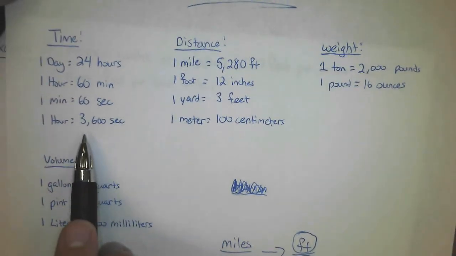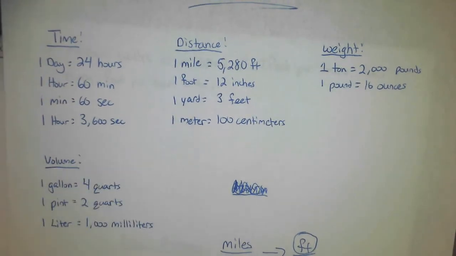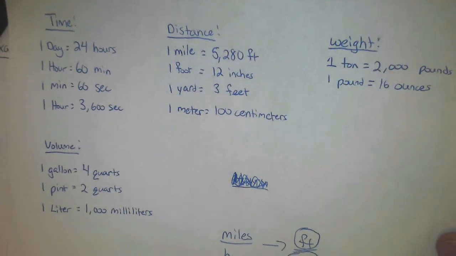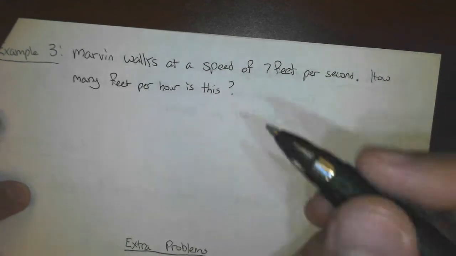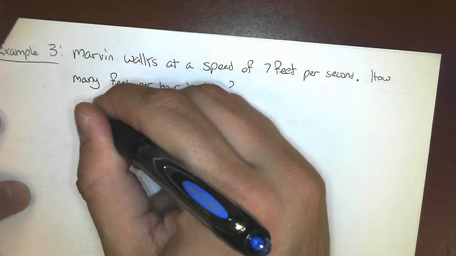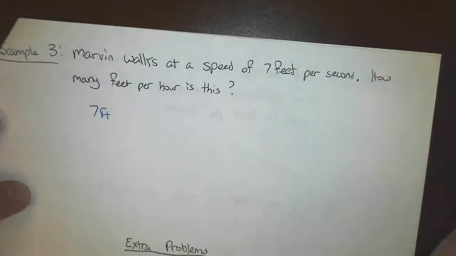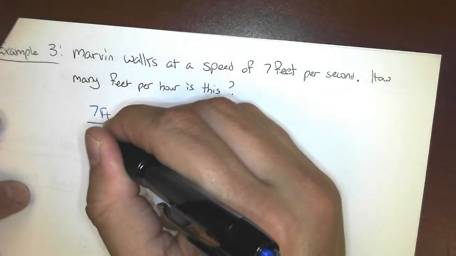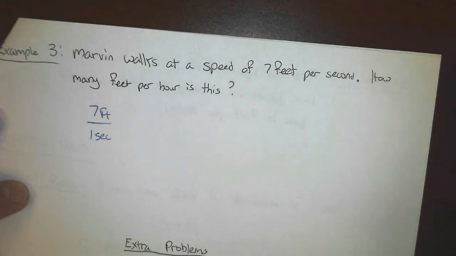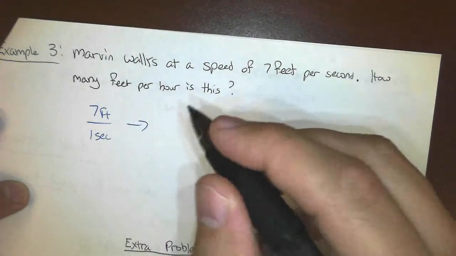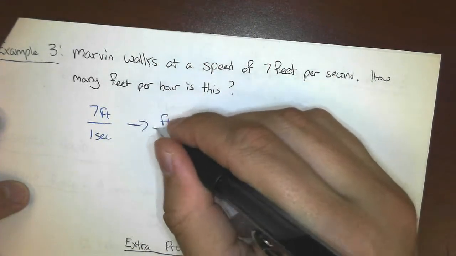I do. 3,600 seconds in 1 hour. So I'm going to use that to my advantage. So we are going to rewrite 7 feet per second. That's our first part of the sentence, 7 feet per second. And we want to know how many feet per hour this is.